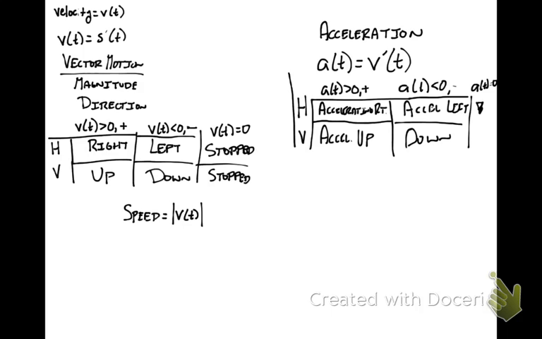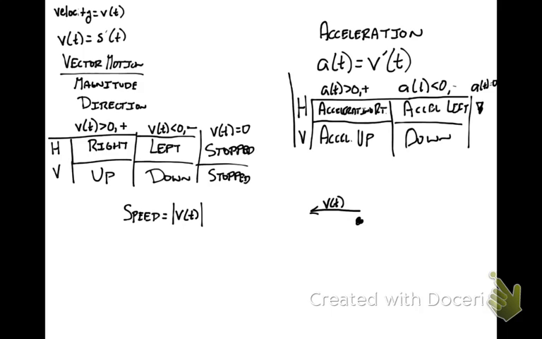Now, just because you have a positive acceleration doesn't mean you're moving to the right. Let's say that we have an object that started here, for example, and is moving in this direction. Well, that means its velocity is in this direction. That means it's traveling in that direction.